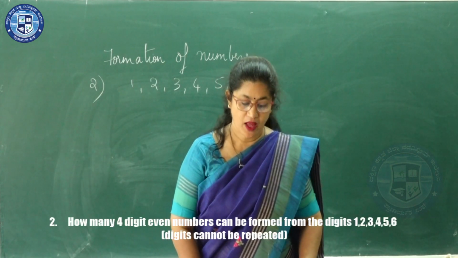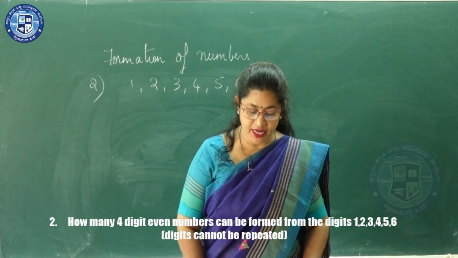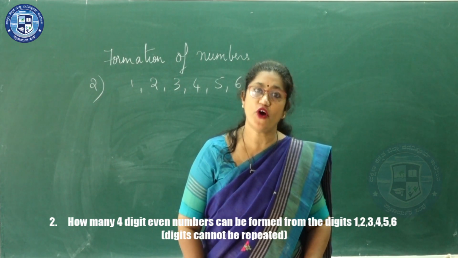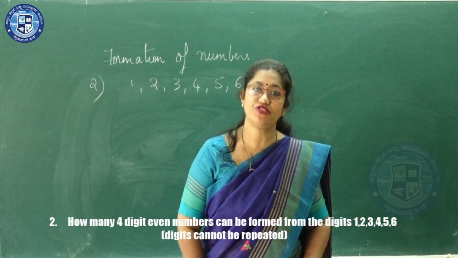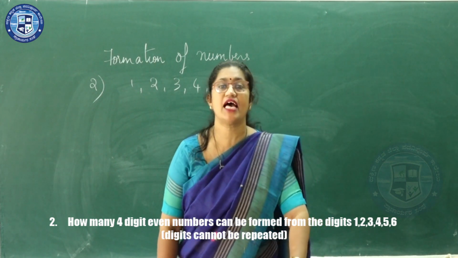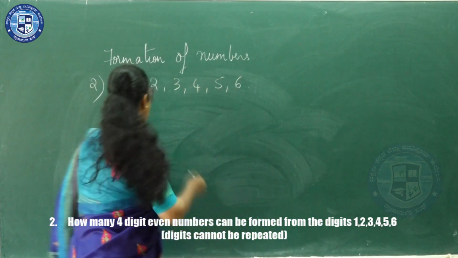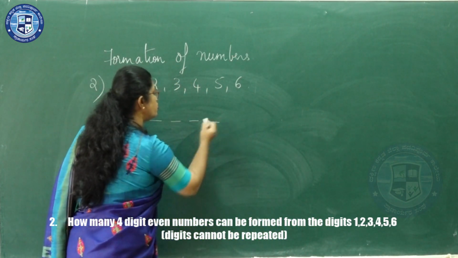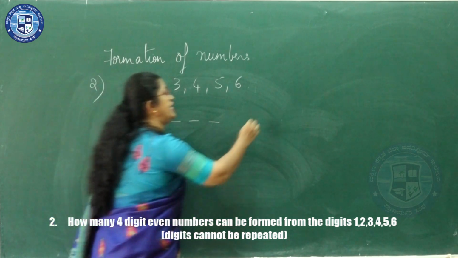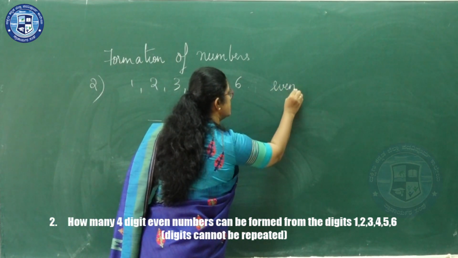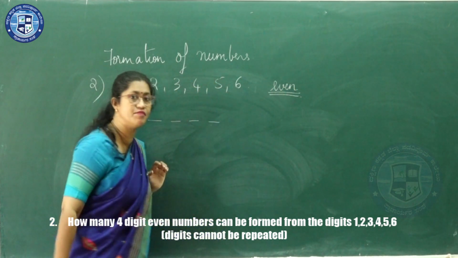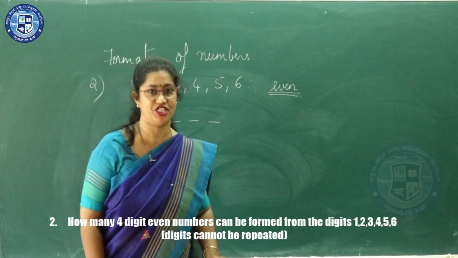Question 2. How many 4-digit even numbers can be formed from the digits 1, 2, 3, 4, 5 and 6, and digits cannot be repeated? Please note it is 4-digit and even numbers. When I say even numbers, there is a restriction.